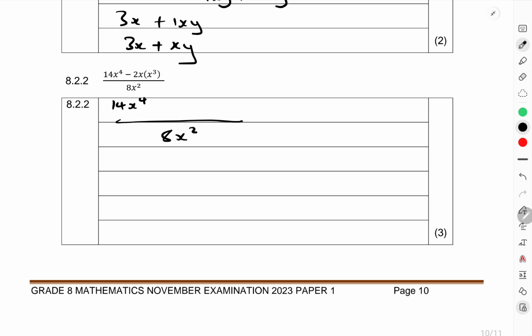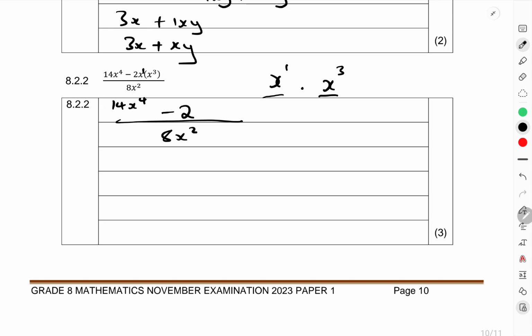Now, what is negative 2 multiplied by that invisible 1 over there? I'll have negative 2x to the power of 1 multiplied by x to the power of 3. When the bases are the same and you are multiplying, we add the exponents, law 1 of the laws of exponents.